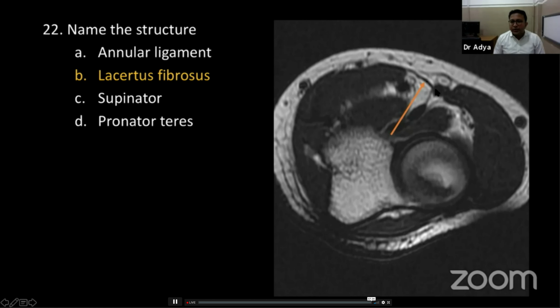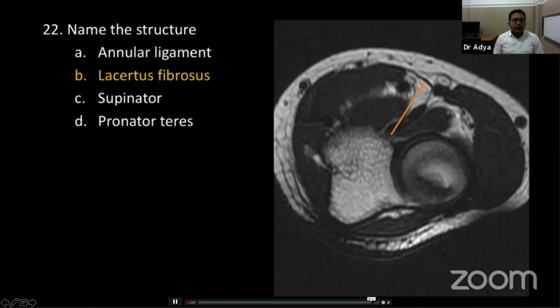So this is of clinical significance because if there is a tear of the biceps tendon, and the tear is not involving this lacertus fibrosus or bicipital aponeurosis, then it won't lead to that much of a muscle retraction. So this is the bicipital aponeurosis which keeps the biceps tendon in its place. So answer is B, lacertus fibrosus.